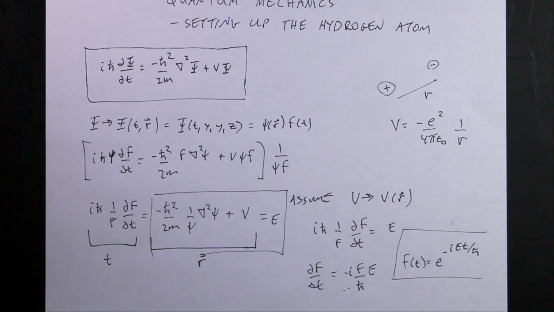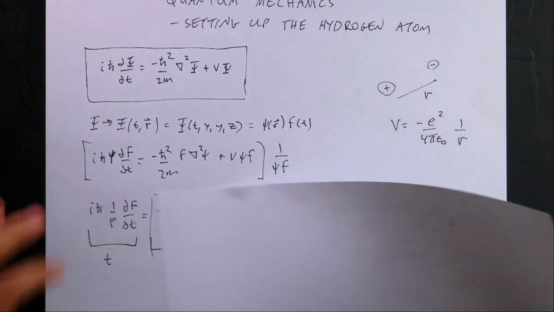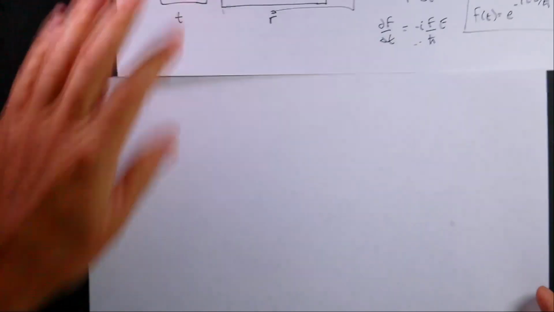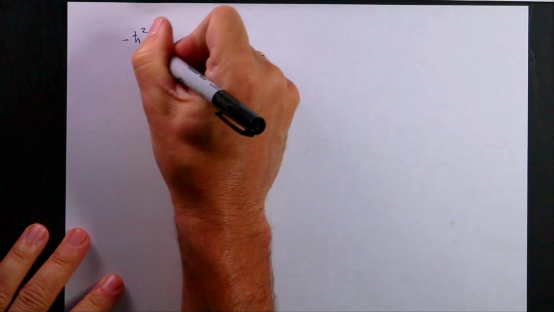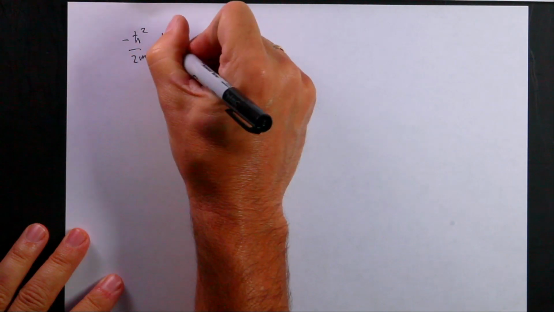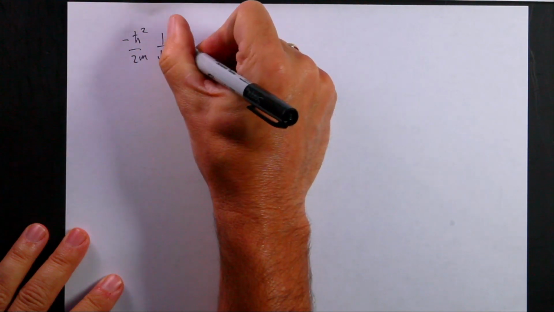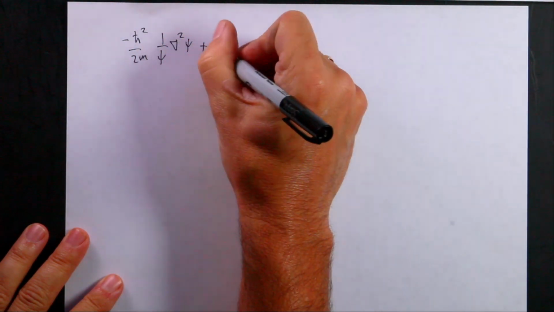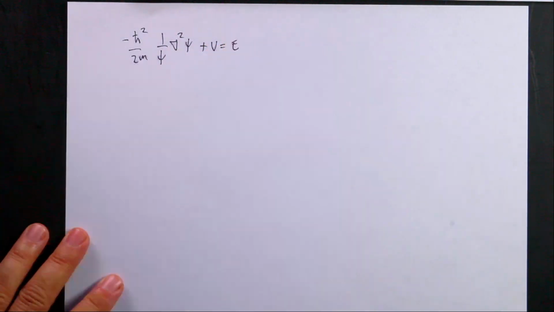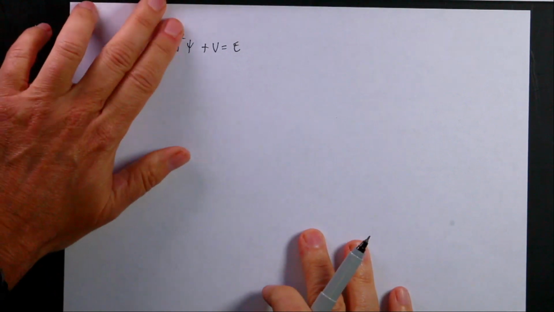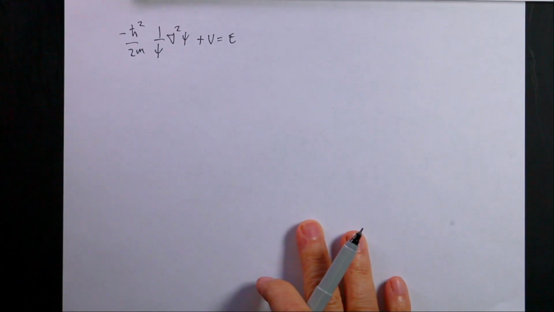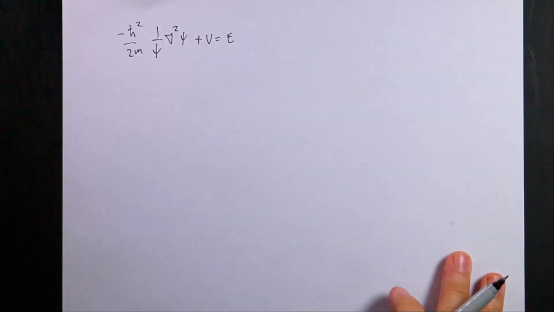So let's write down where we're at right now: negative h-bar squared over 2m, 1 over psi, del squared psi, plus V equals E. This is the time-independent Schrodinger equation.